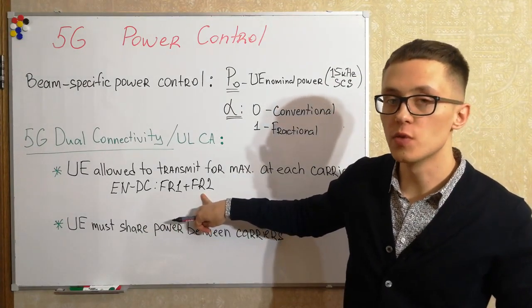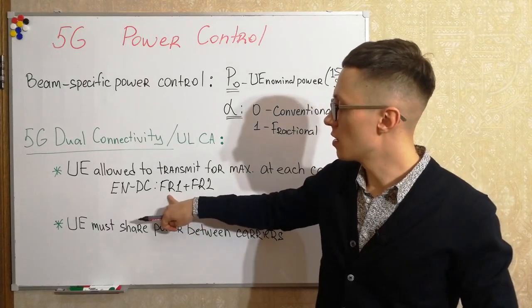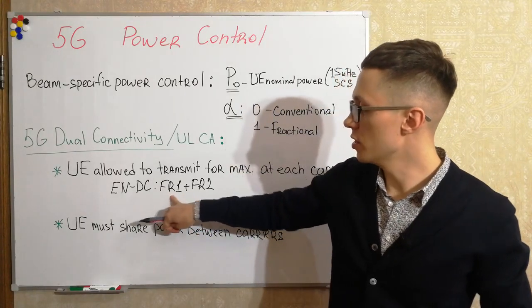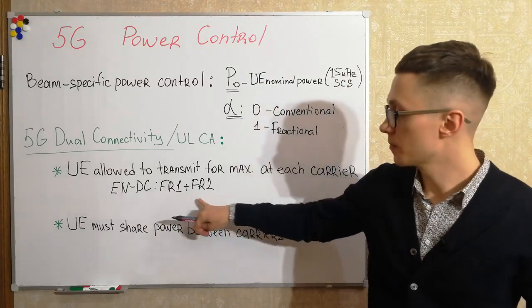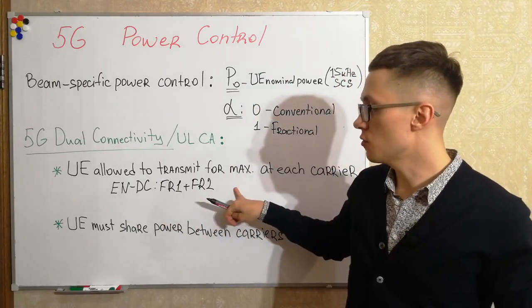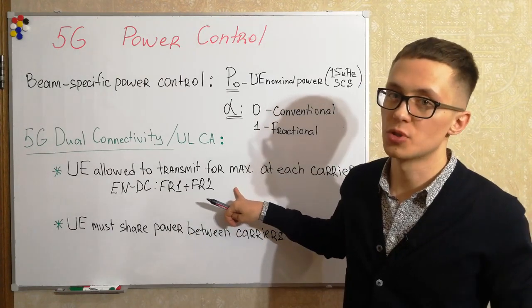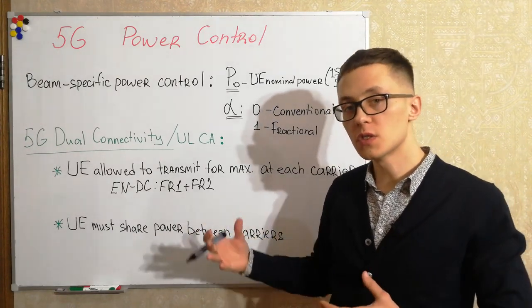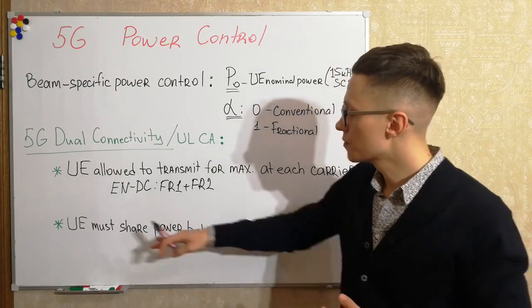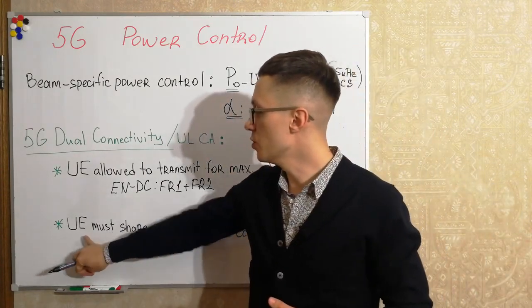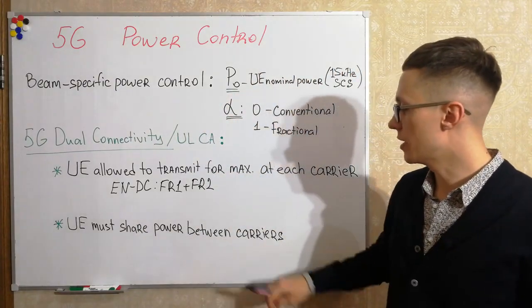In this case, user equipment will transmit maximum power for each carrier, for each channel. This is not so good in terms of power consumption, of course, but this is good in terms of uplink coverage. And the second case is when the UE must share power between carriers.